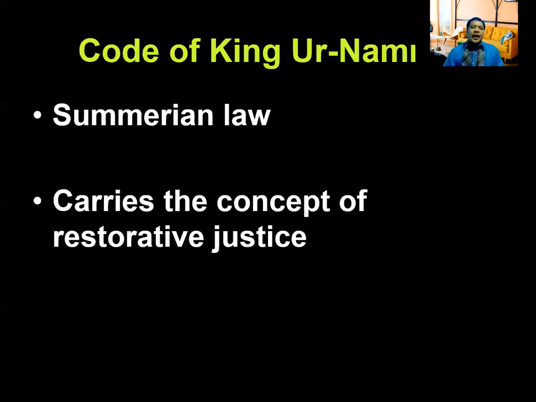In fact, the first observance of what we call restorative justice is found in this early code of penology, wherein a victim is expected to be compensated for the losses that he has incurred as a result of the commission of the crime. Now, what really is so-called restorative justice?